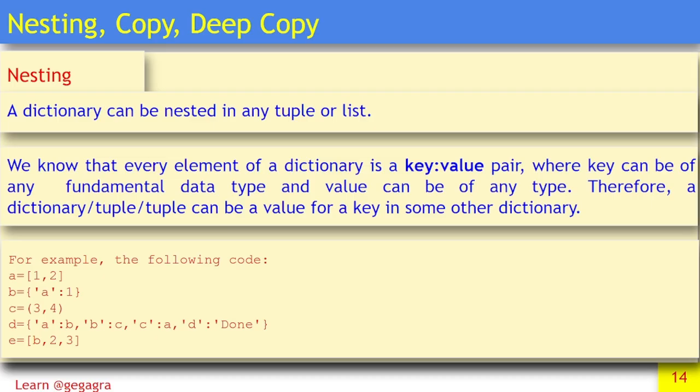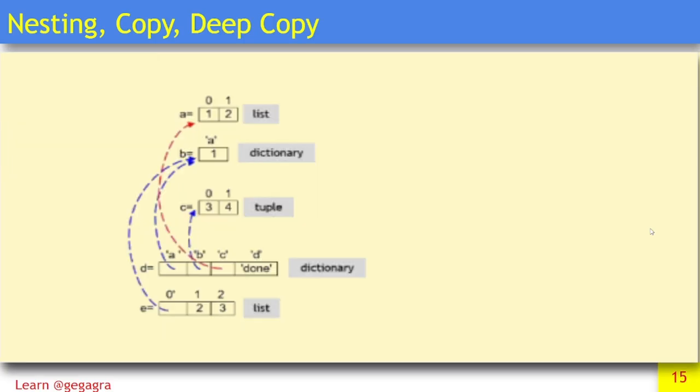Now next, see a diagram. So see here, this is a list. Here this is a dictionary, this is tuple and the dictionary, and this is simply a list. So over here if you look at A, so what is A?